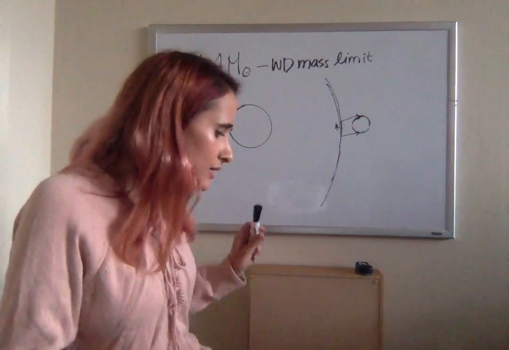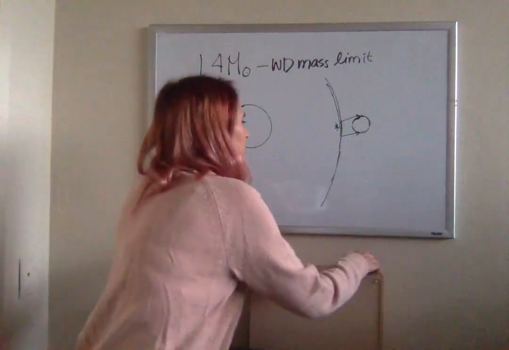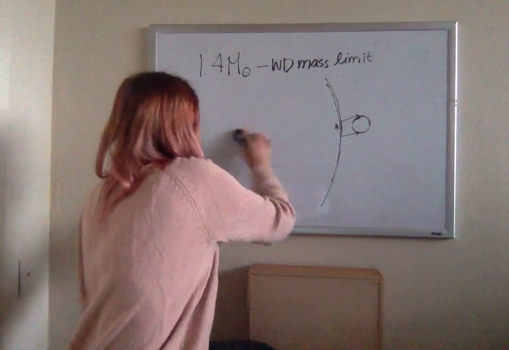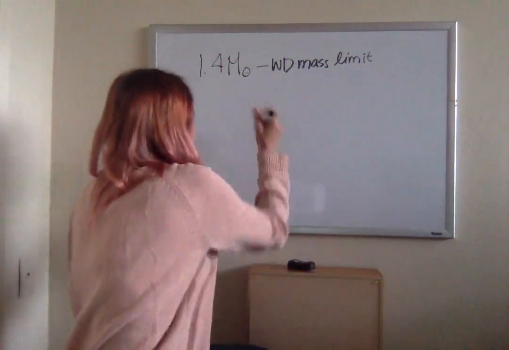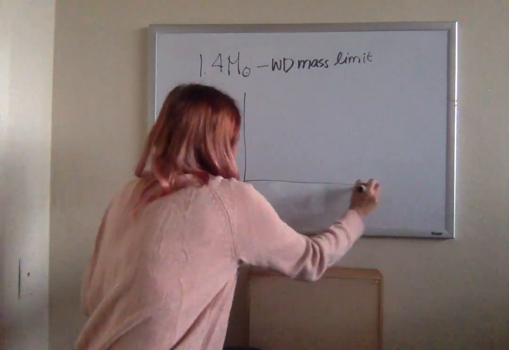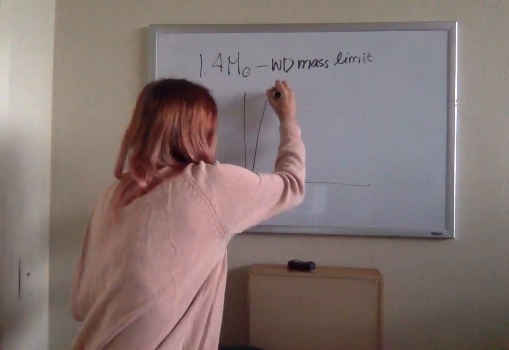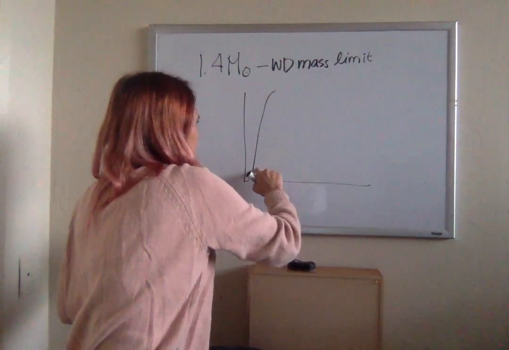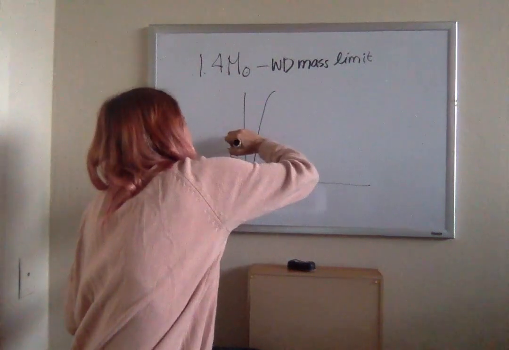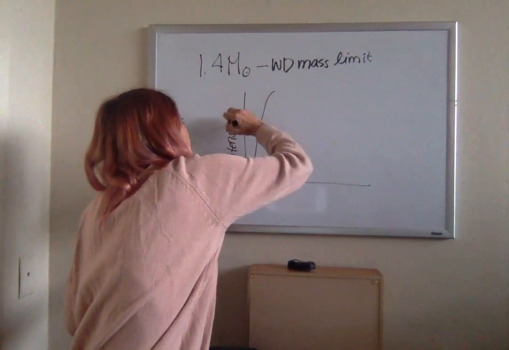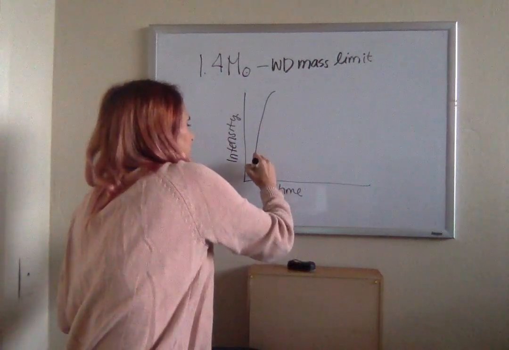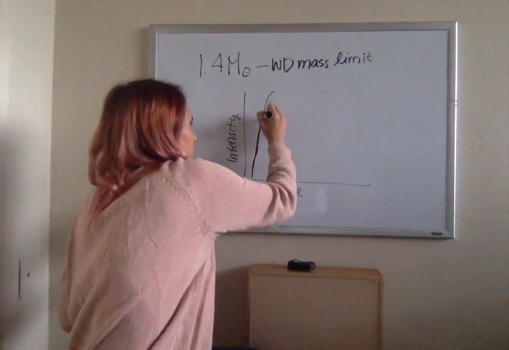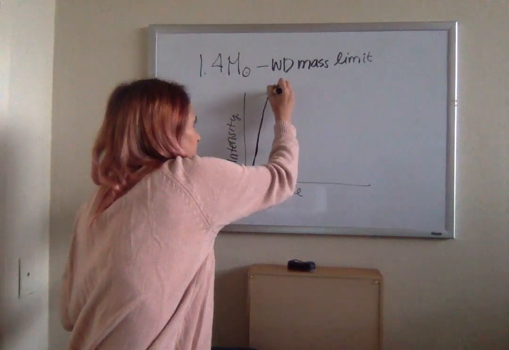So when we look at what is called a light curve from this explosion, it looks like this. Right, you have your big explosion where the amount, so this is intensity, and this is time. The amount of light increases a bunch. Right, so here's your explosion.